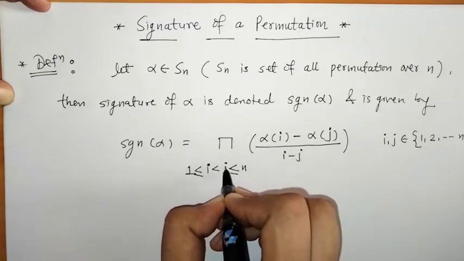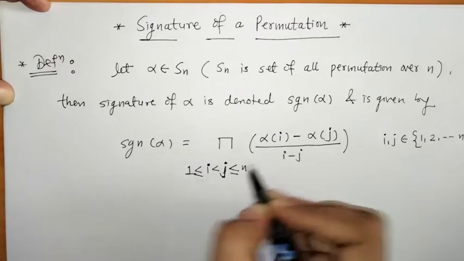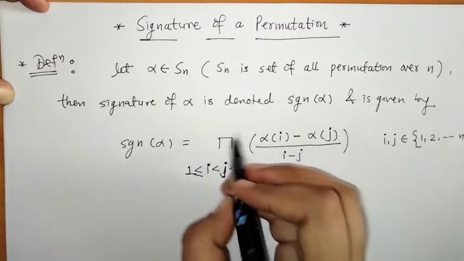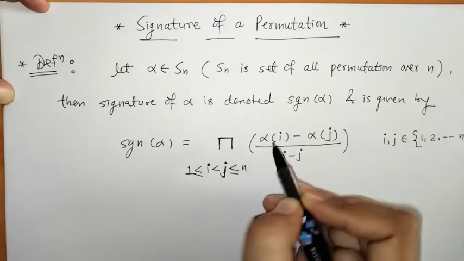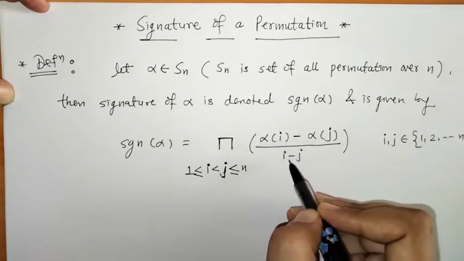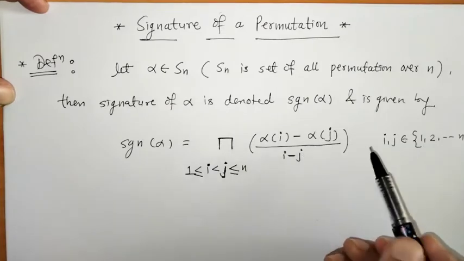And here i is strictly less than j. So signature of alpha is calculated by using this formula. This is the product of alpha of i minus alpha of j upon i minus j, right?